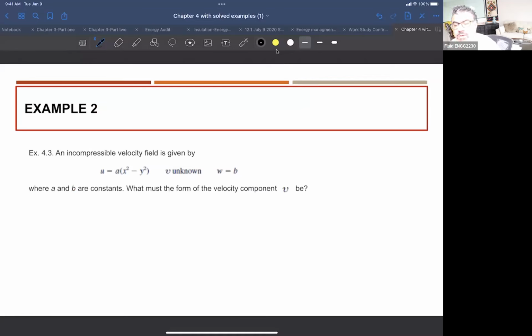Steady or unsteady is not related to one parameter, it's related to everything. U is a times x squared minus y squared, V is unknown, W is b, where a and b are constants. What must be the form of the velocity component V? How can we solve this problem?